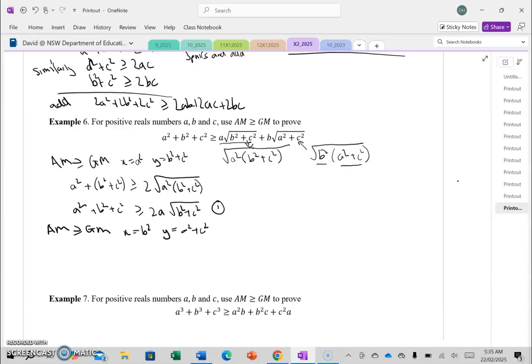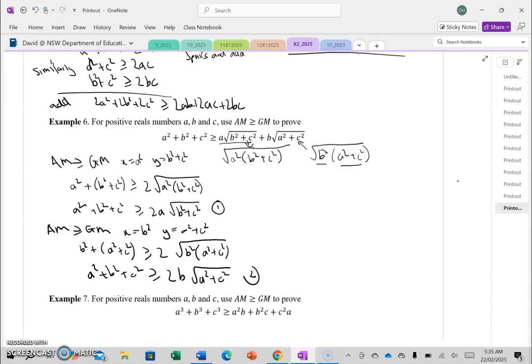I think so we can do b squared plus a squared plus c squared greater than or equal to 2 root b squared times a squared plus c squared. So we get a squared plus b squared plus c squared still greater than or equal to 2b square root a squared plus c squared, and that's equation 2, and then we can add that.